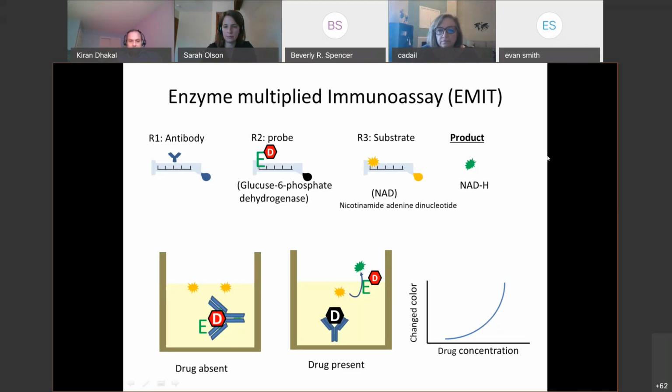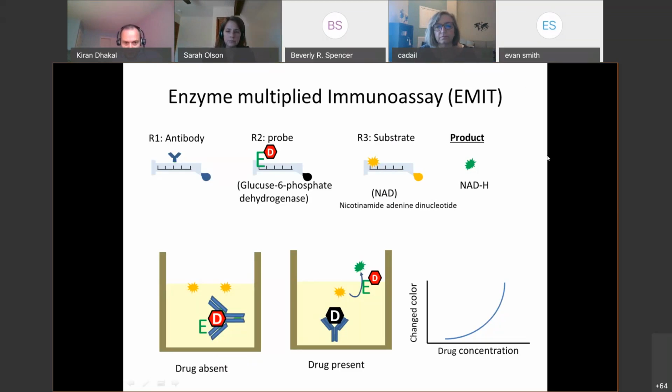So if drug is absent, the antibody will react with the probe, because the probe is also labeled with the drug.